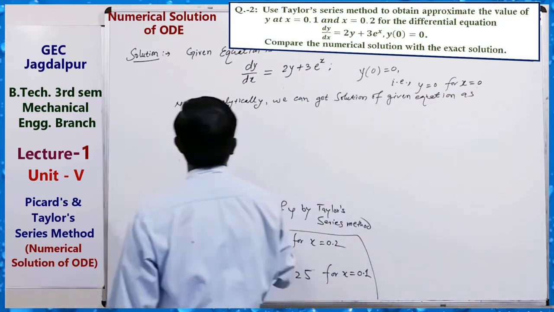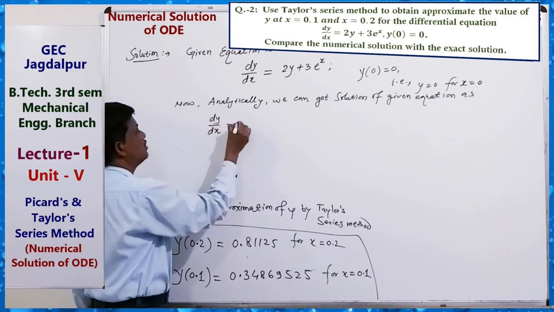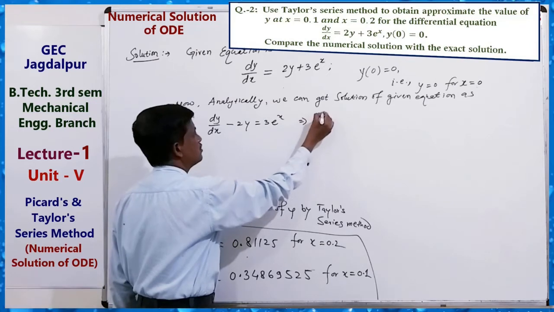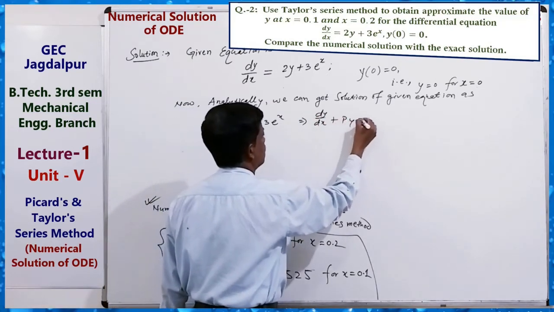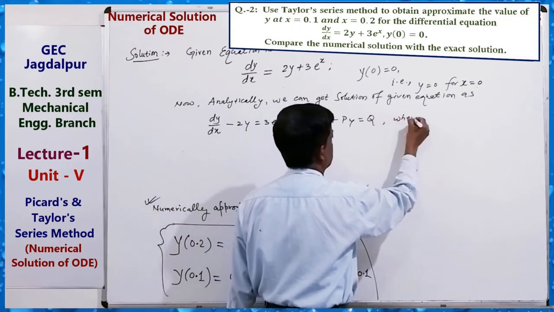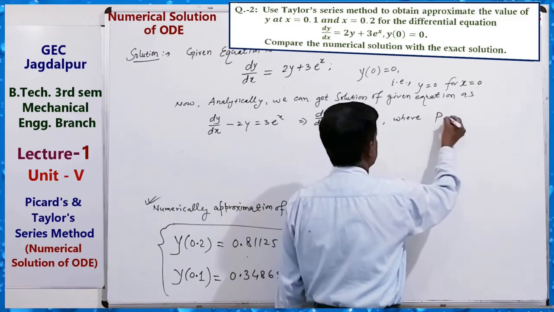As dy by dx minus 2y equals 3 e to the power x, which implies dy by dx plus p y equals q, where this is a linear equation. So here p equals what?